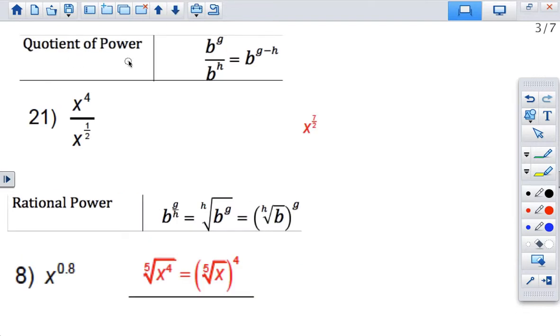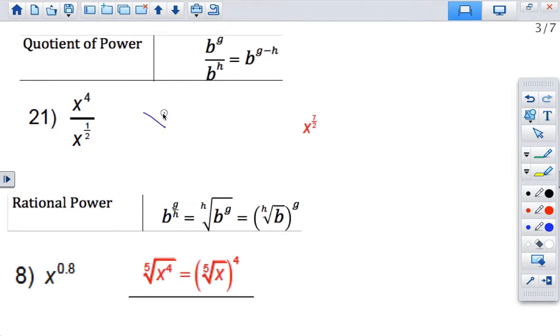Now let's look at the quotient of a power and rational power. Here you're dividing. You have a division here, and it's the base numbers that are being divided. And for rational power, notice the fraction is in the exponent, not the actual base number. If you have a division here, what you'll do with the exponents is just subtract them.